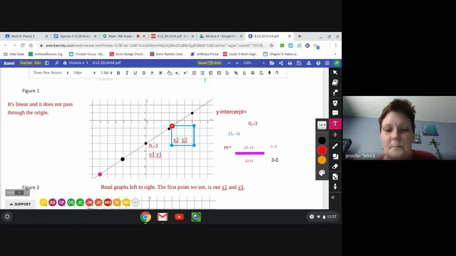Okay. So what I did wrong was I put the X and the Y in the wrong spot. So my X is -4 and my Y is -1. Or excuse me, that's -3.